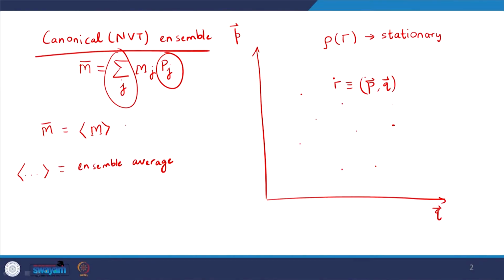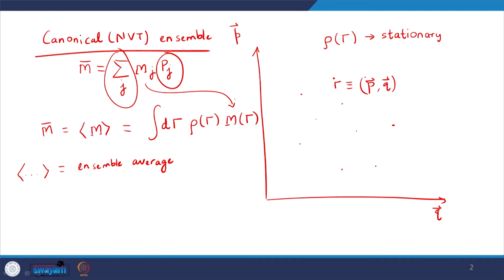So this average value of M can then be represented in continuous space as something like the integral of d gamma rho of gamma multiplied with M of gamma. And why is that? Because I am replacing M_j by M of gamma.